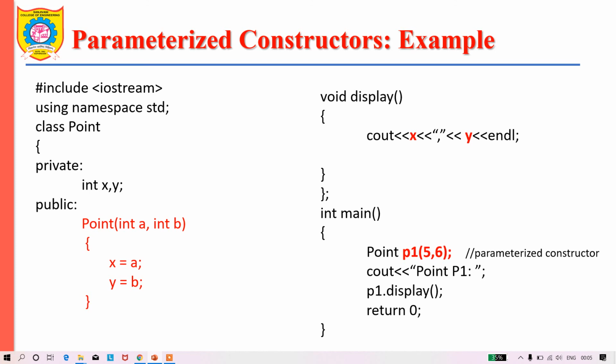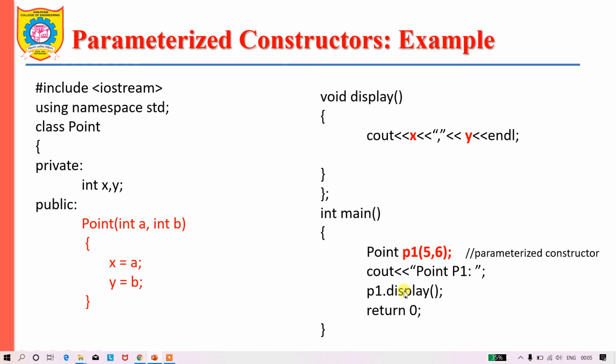Whenever the object p1 of class point is created, at that time the parameterized constructor will be invoked, and the values 5, 6 will be assigned to the data members x and y respectively.